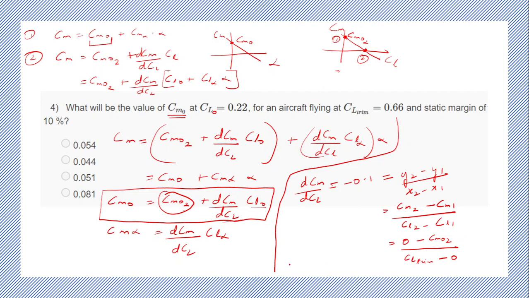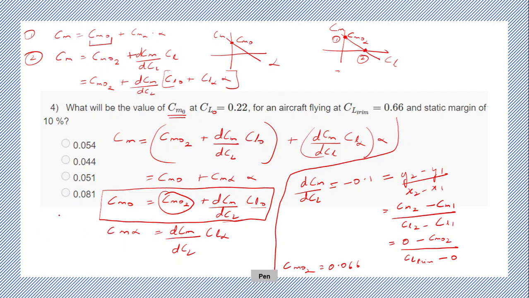So from here, what is the value of Cm02? It will be 0.066. Yes? Substitute this into this equation.